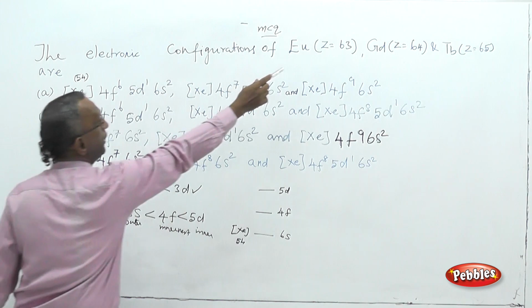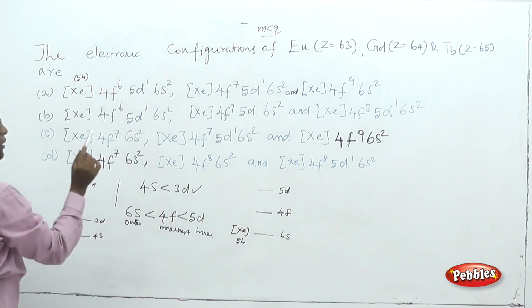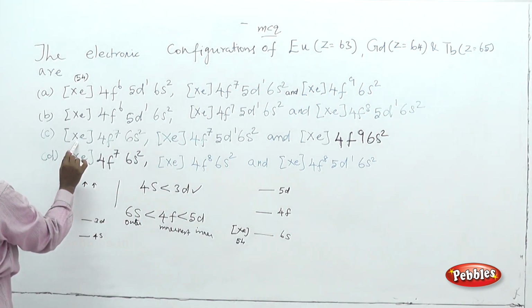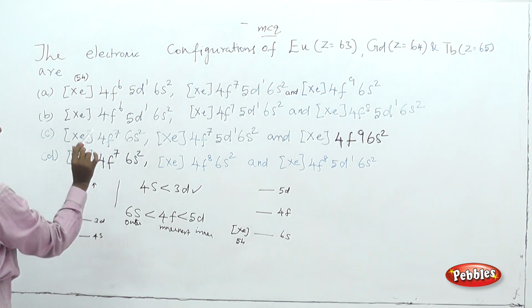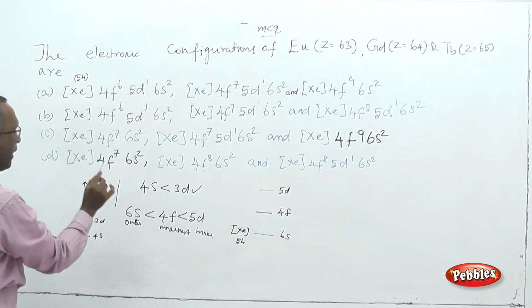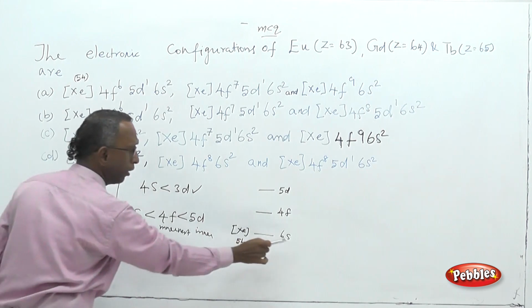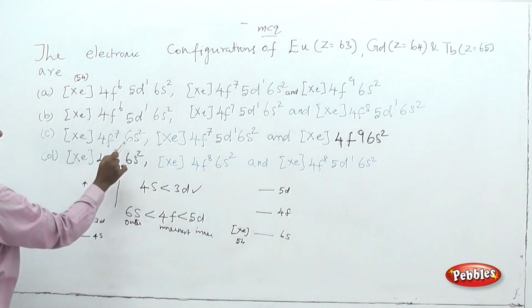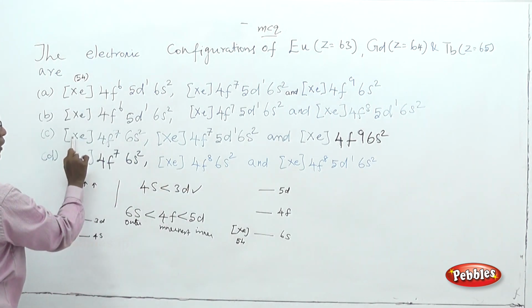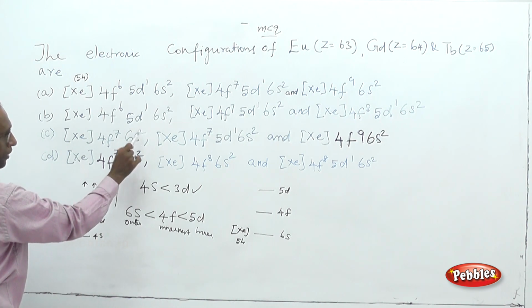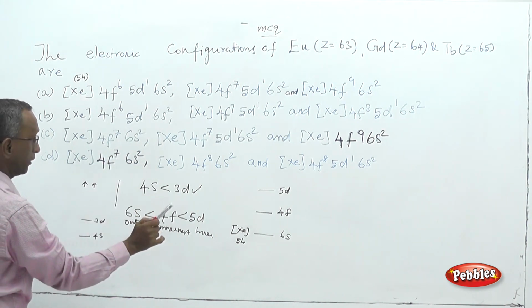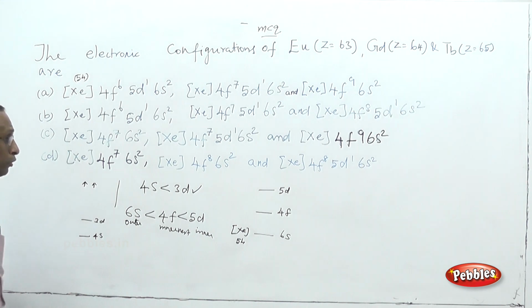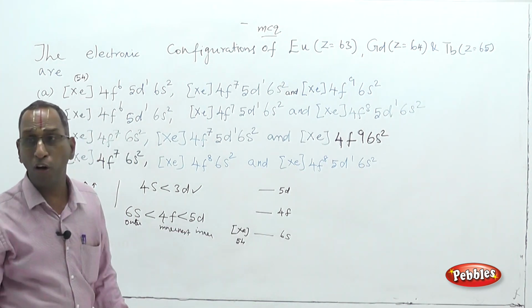The first one is Europium, 63 electrons, of which 54 have been filled. Remaining 9 electrons. Next to xenon, 6s has to be filled: 6s2, 54 plus 2, 56. The balance 7 electrons go to the next higher level, the 4f level.